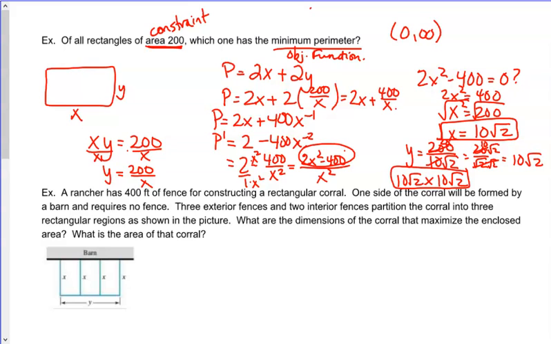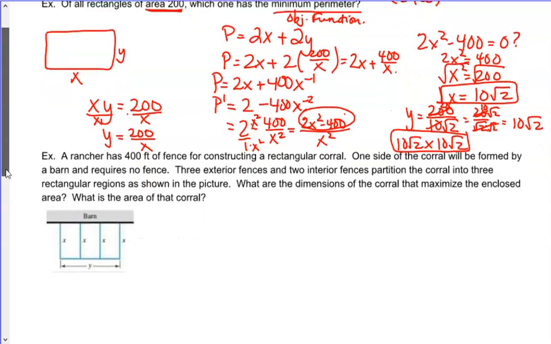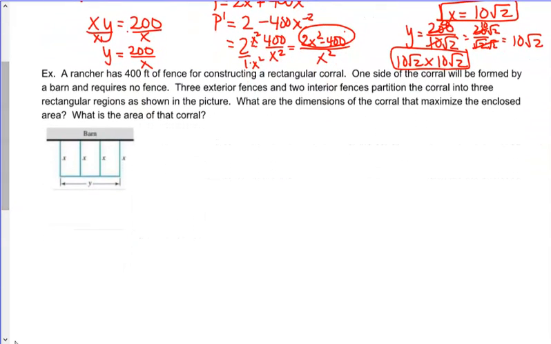All right, very good. So now let's move on to another type of problem, another application dealing with perimeter and area. So here we have a rancher who has 400 feet of fencing for constructing a rectangular corral. One side of the corral will be formed by a barn and requires no fencing, and that is this side that we see right here.